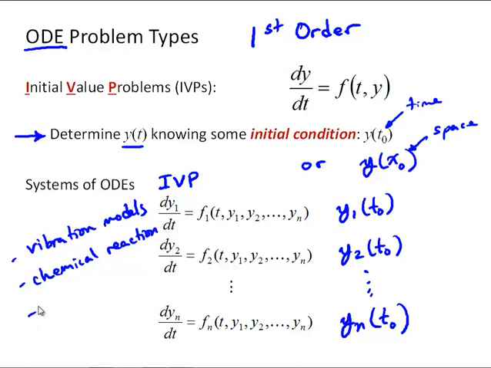What we will learn later is we can write higher order differential equations as systems of first order differential equations, and that will be one of the approaches we use to solve higher order differential equations numerically.